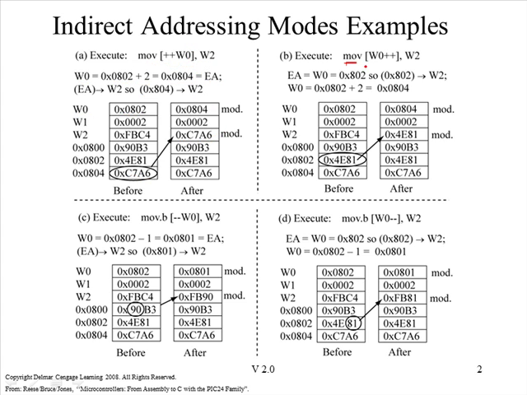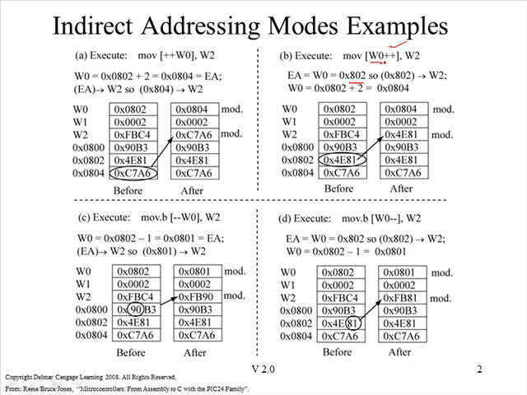This example says move the source operand using the addressing mode of register indirect with post-increment to the destination operand, which is register direct W2. The first thing to do is to determine the effective address of this operand. That's going to be the contents of W0, or 802.